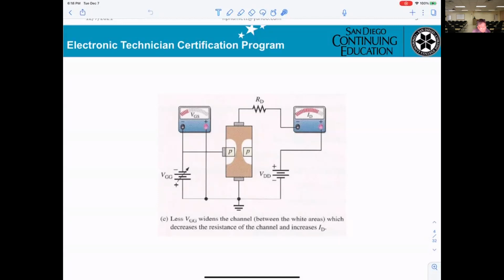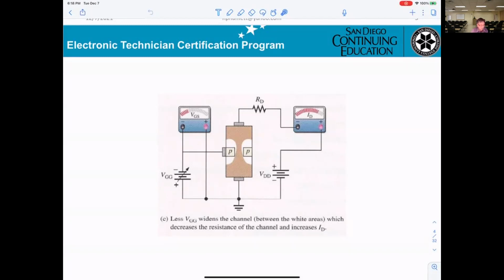Okay, in the bipolar transistor, basically you get a voltage at the base that turns on the diode from the base to the emitter, and that gives you the current IB.